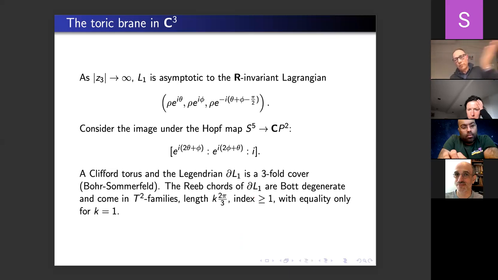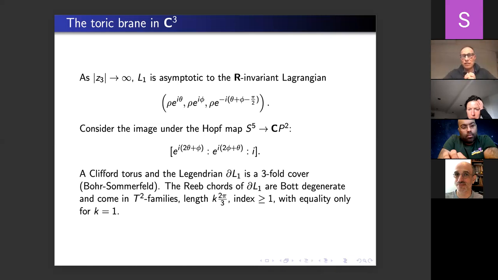So I use the Hopf fibration to map it down to CP2. When I do that, I just go to homogeneous coordinates, and what I find is this torus. It's just a product of two circles. The last coordinate I fix, it's i. So I'm mapping into C2, and you see that the image is just a product of two circles in the coordinate planes.